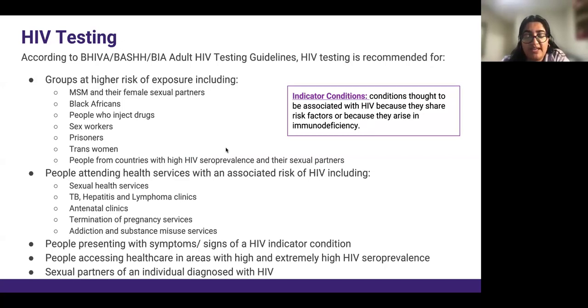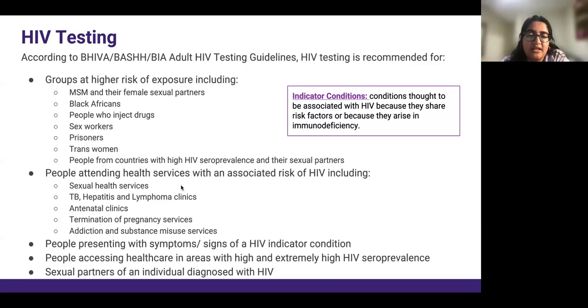So this is people who have groups like men who have sex with men and their respective female partners, sexual partners, Black Africans, people who inject drugs, sex workers, prisoners, trans women, people who come from countries with high HIV seroprevalence and their partners. So never forget the partners when it comes to STIs and GUM in general.